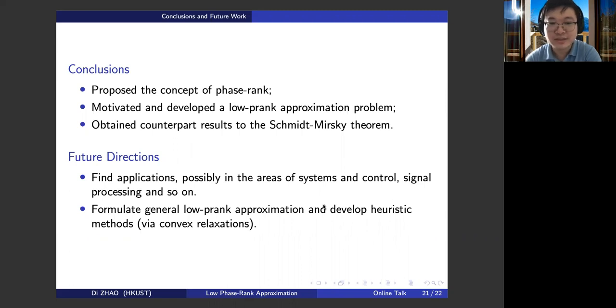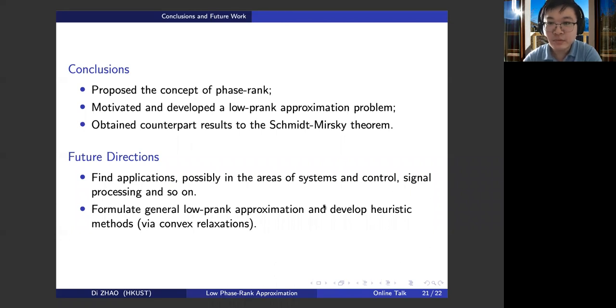Very good question. This is actually what we are currently pursuing, because we really hope to find such nice applications. So far we don't have a concrete plan, but we have some rough ideas. If we are given a matrix and we try to find a low phase rank approximation, then the approximant tends to be close to positive definiteness, because we know that the rank 0 matrix is positive definite.